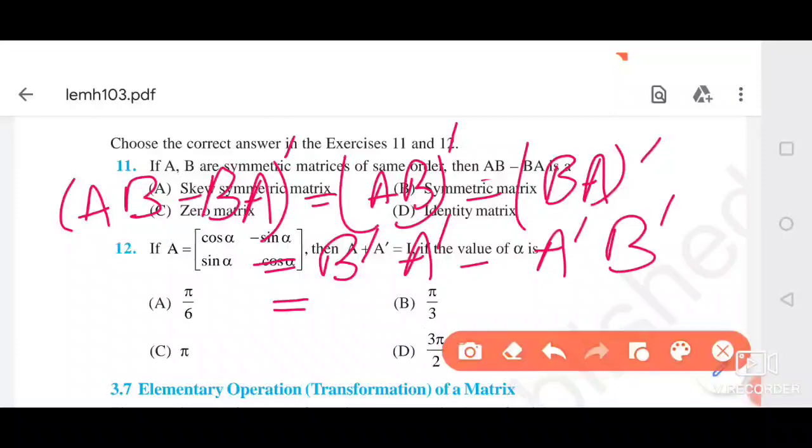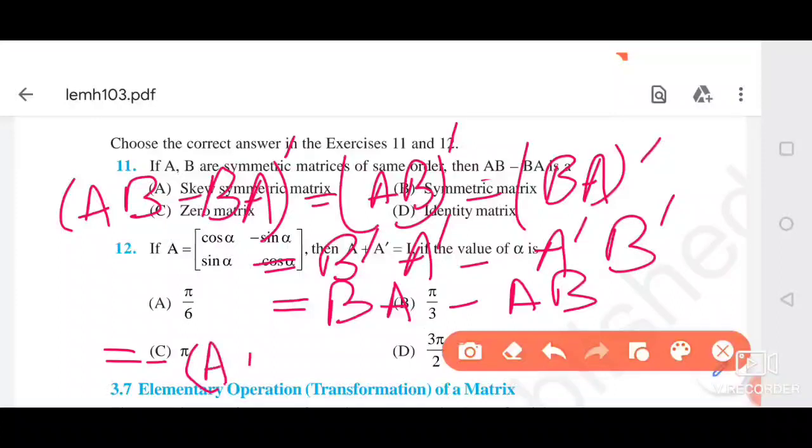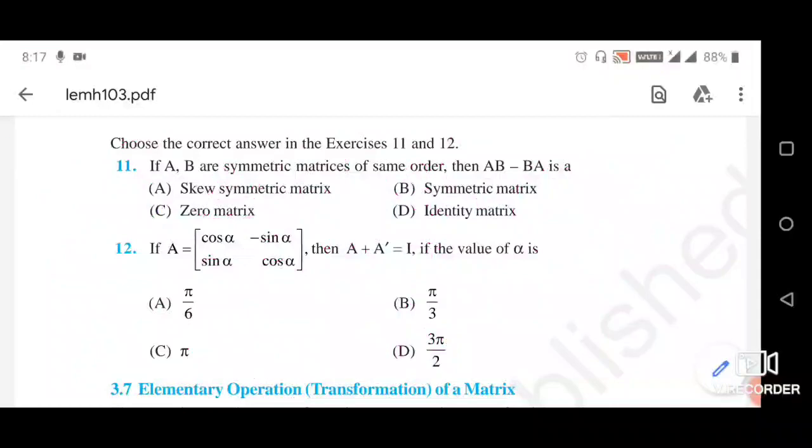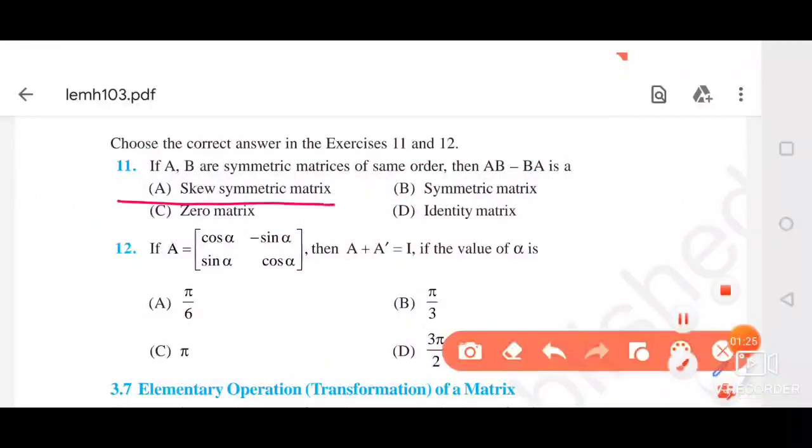Since A and B both are symmetric matrices, we can replace B transpose by B and A transpose by A. Now we can take minus 1 common, so it becomes AB minus BA. So AB minus BA whole transpose is equal to minus of AB minus BA. So AB minus BA is a skew symmetric matrix. So the answer will be option A.